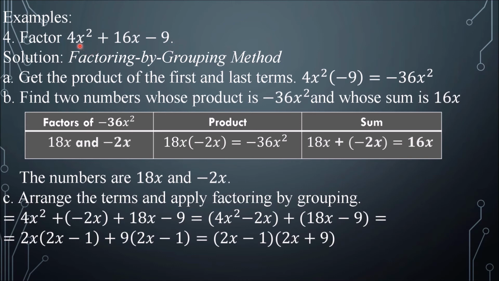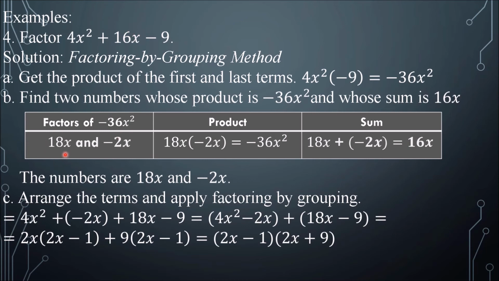So here in this example, a is equal to 4. Again, the first step, get the product of the first and last terms, 4x squared times negative 9, which is equal to negative 36x squared. Now, you need to think of two numbers again, or two terms, whose product is negative 36x squared and whose sum is 16x, because that's the middle term, 16x.